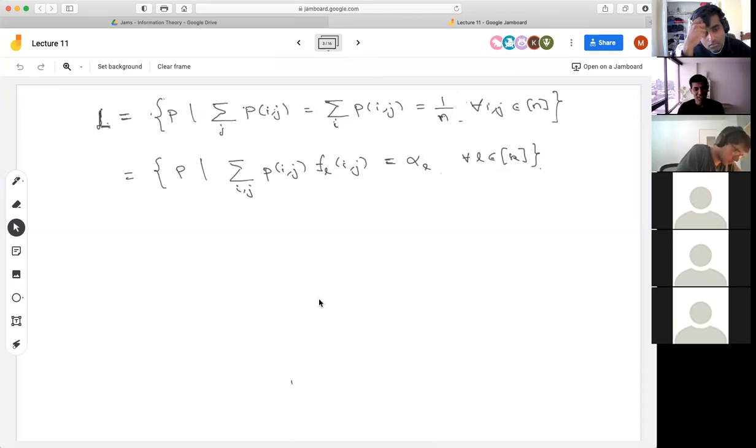So see, this function is summing up all probabilities weighted by the value of the function. And we want each function to only sum up the probabilities in a single row or only sum up the probabilities in a single column.